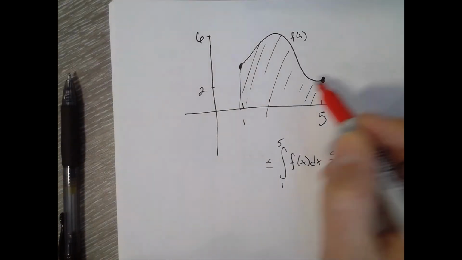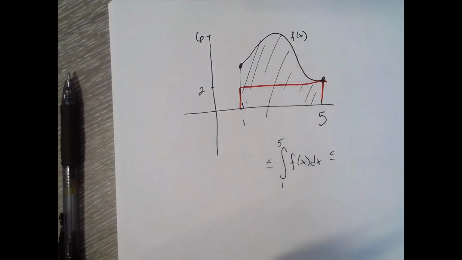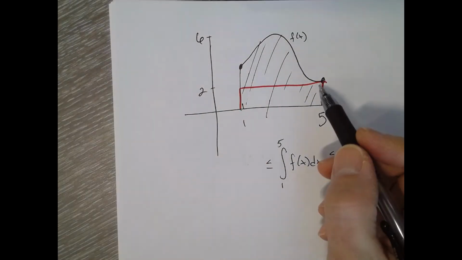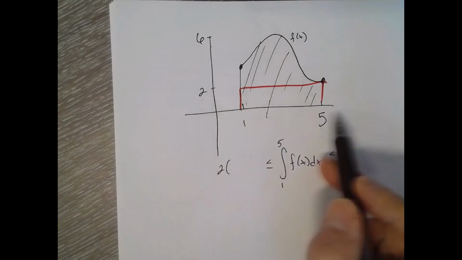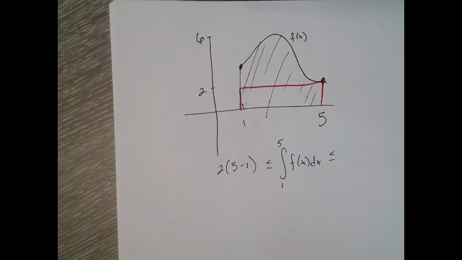Minimum value is 2. So it's going to be bigger than this rectangle. Well, that's our minimum 2 times this width at the bottom, which is 5 minus 1, or 4. So it's got to be bigger than or equal to 8.